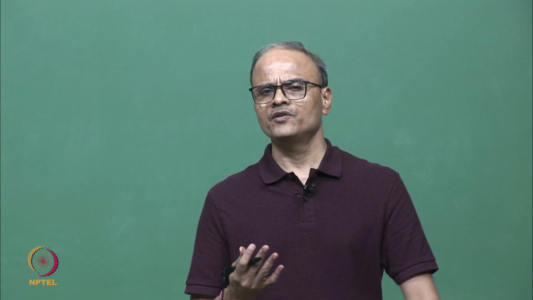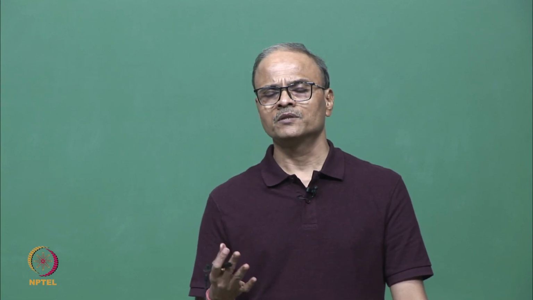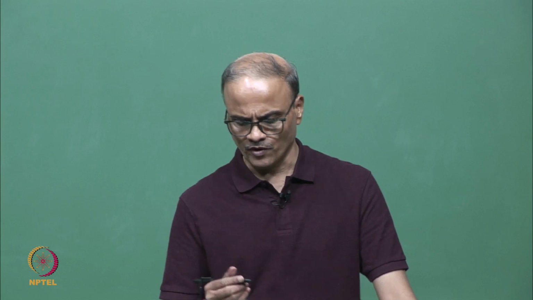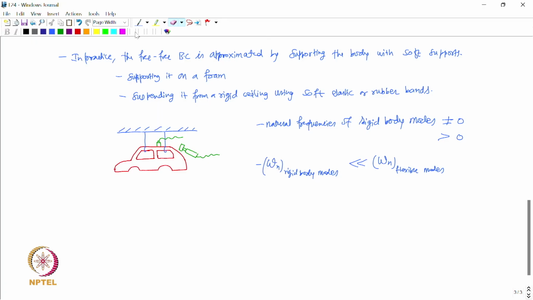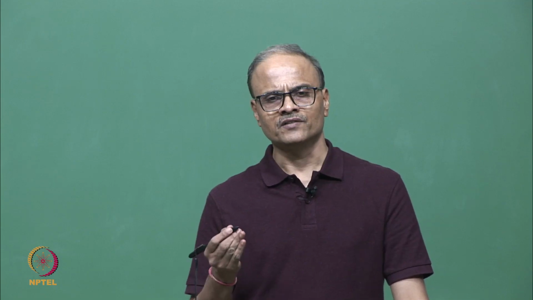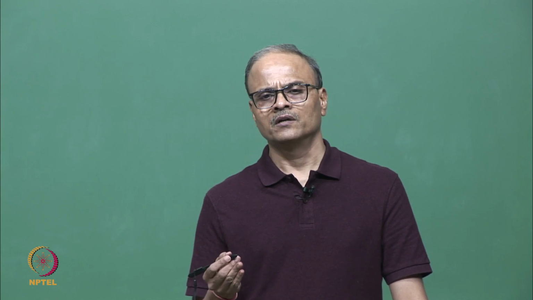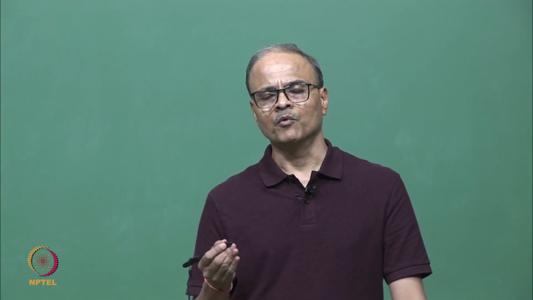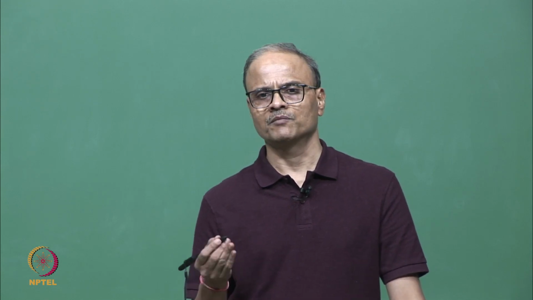So, the other boundary condition under which the component or subassembly can be tested is the fixed boundary condition. In the fixed boundary condition, some degrees of freedom of the body are completely constrained, so that no rigid body motion of the body is possible.